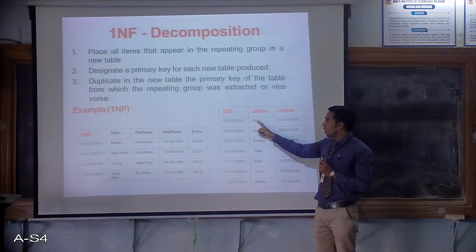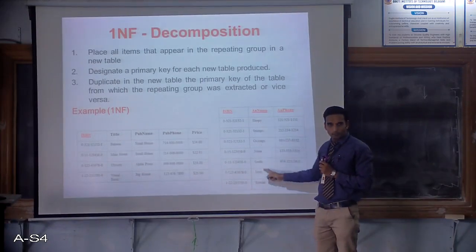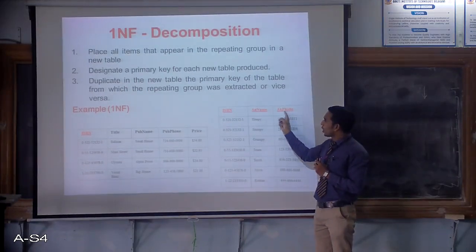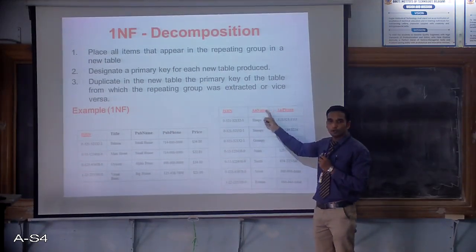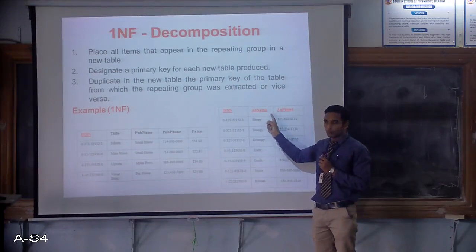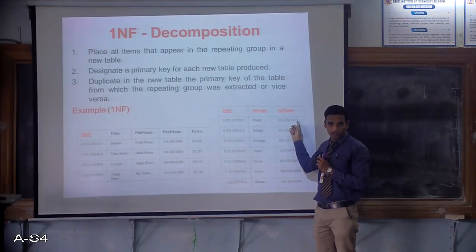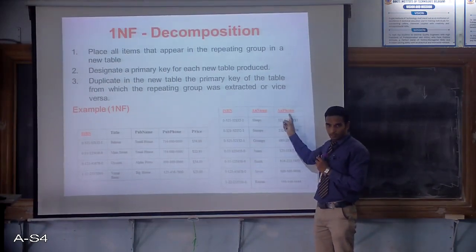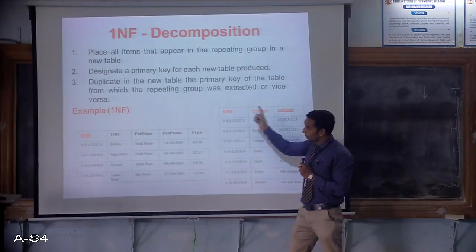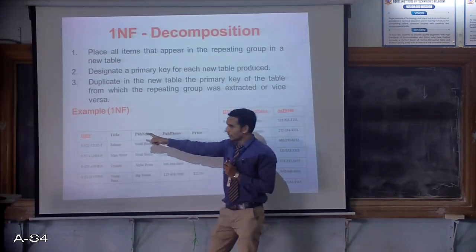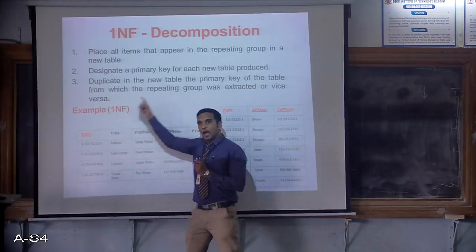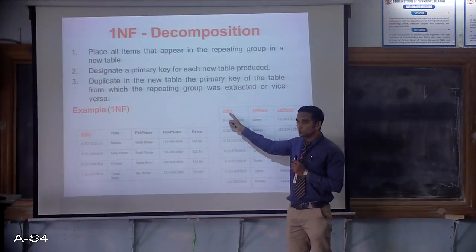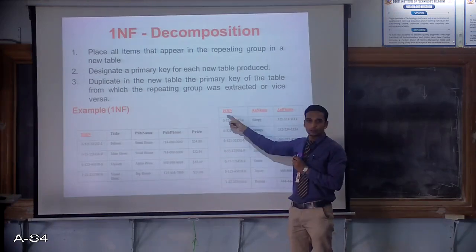Author name can't be a primary key, as there may be more than 1 person with the same name, nor their phone numbers. So I'll make author number, author name and phone number together a primary key, because one author may have more than 1 number as well. Then the primary key of the main table, which was ISBN, I add it again in this table and designate this also as a primary key. Now this becomes a composite primary key.